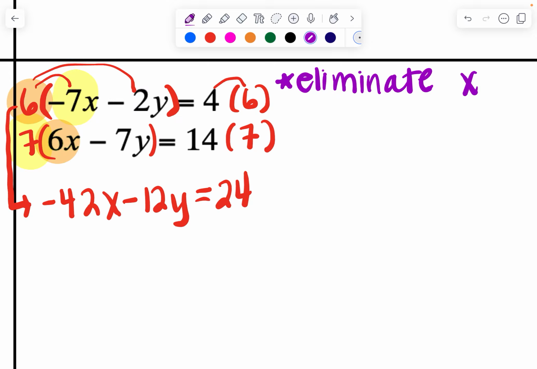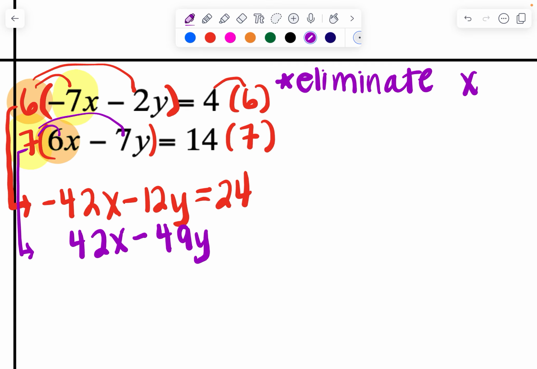And then my second equation, 7 times 6x is 42x minus 7 times 7 is 49y equals 14 times 7 is 98. So again, let me go back to when I multiplied by 6 and 7. The reason I did that is because now I have 42 and negative 42 in front of my x's.